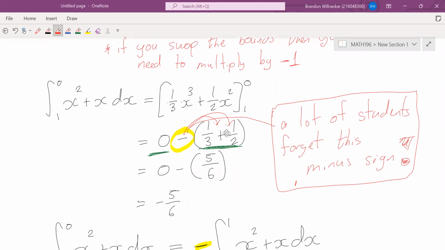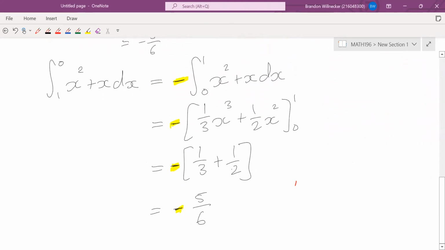This bracket that I underlined in green could have things being added and subtracted, so you need to remember the minus in front. Sometimes people forget that, but if it's out in front, you just leave it all the way through and it stays there right to the end. You don't need to worry about it.